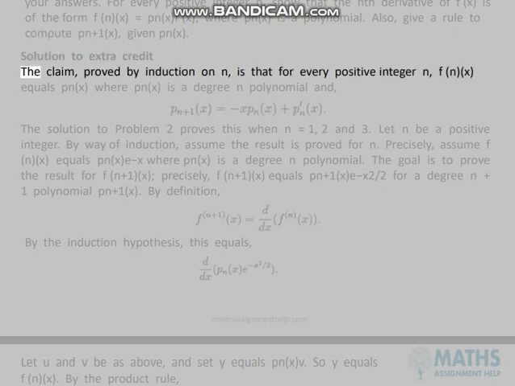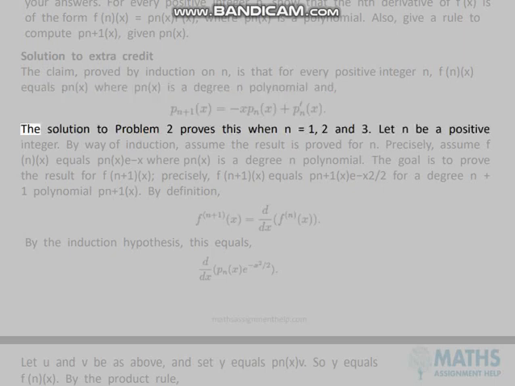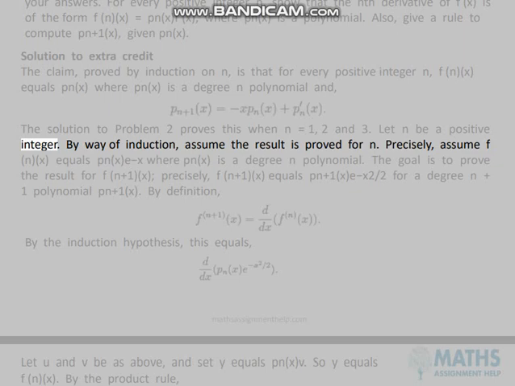Solution to extra credit. The claim, proved by induction on n, is that for every positive integer n, f^(n)(x) equals Pn(x) times e to the minus x squared over 2, where Pn(x) is a degree n polynomial, and the solution to problem 2 proves this when n equals 1, 2 and 3. Let n be a positive integer.